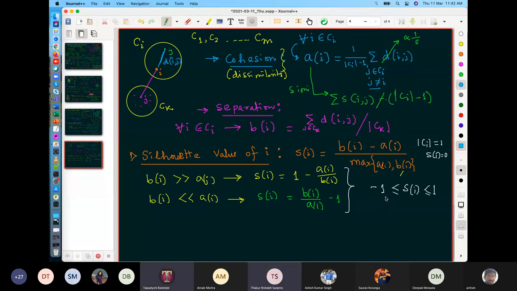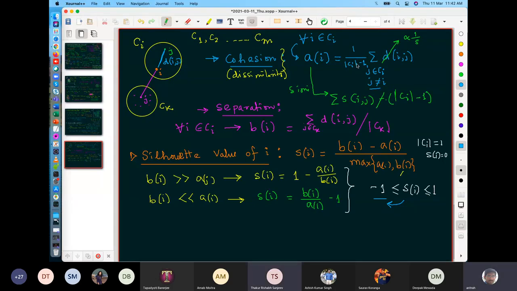So what does this -1 suggest? If I tend towards -1, it means that my a_i is far more than b_i. What does it signify?